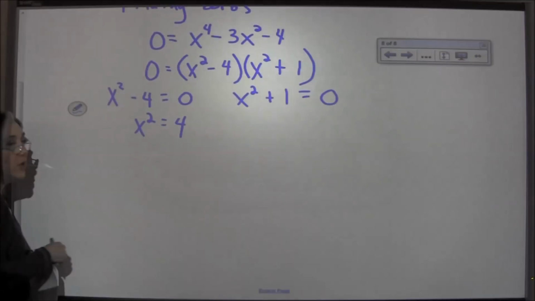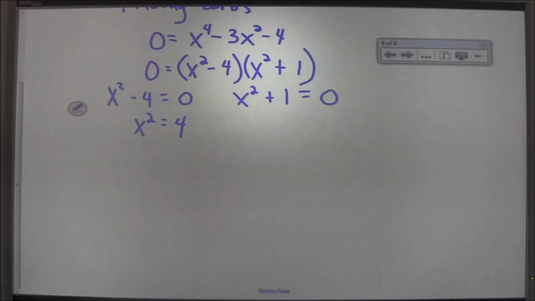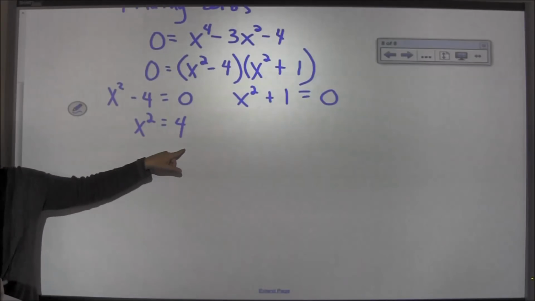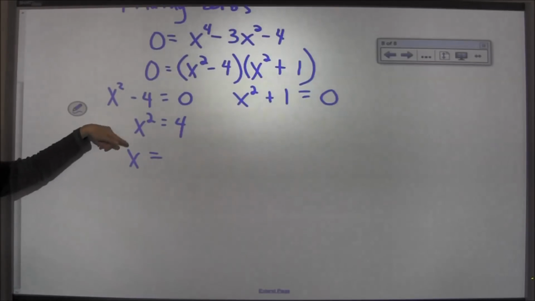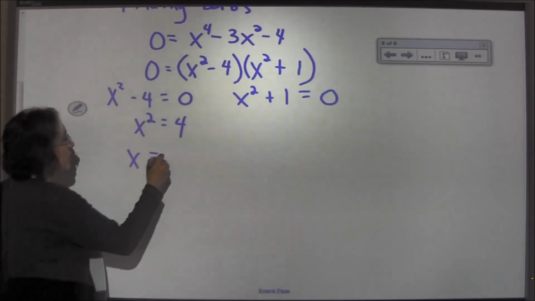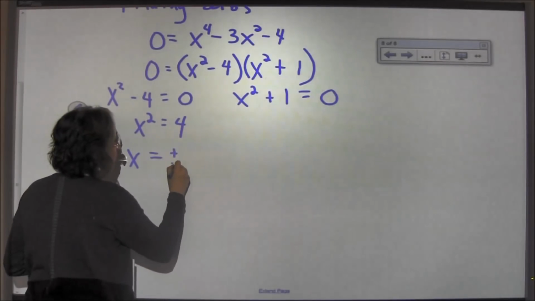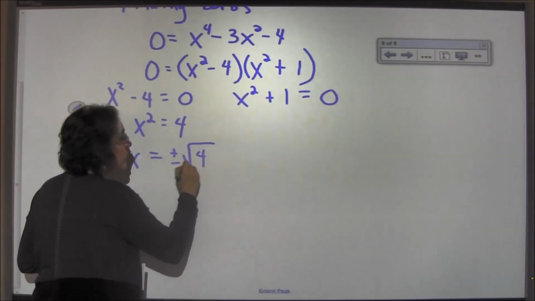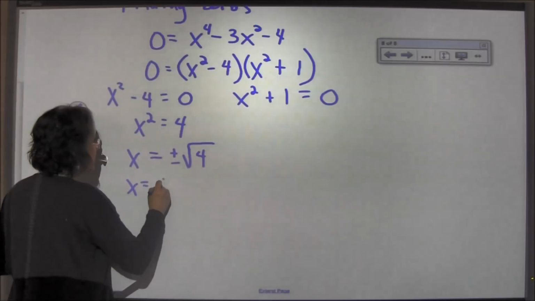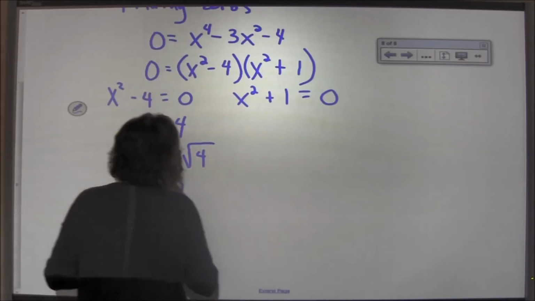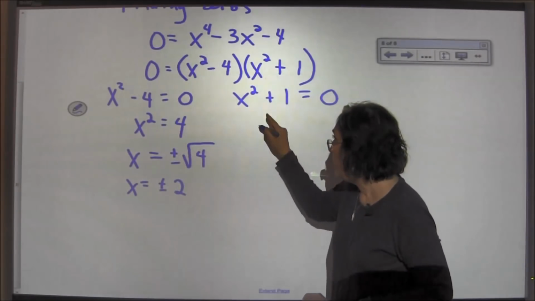And I'm using square root method. I'm not taking the square root of both sides. I'm using something that's true. If this number squared is 4, then this number, x, either needs to be equal to the positive or the negative square root of 4, which is plus or minus 2. And we can do the same thing with this one.